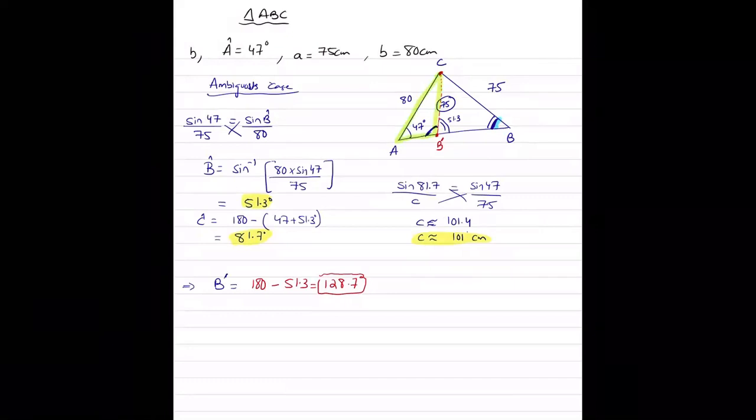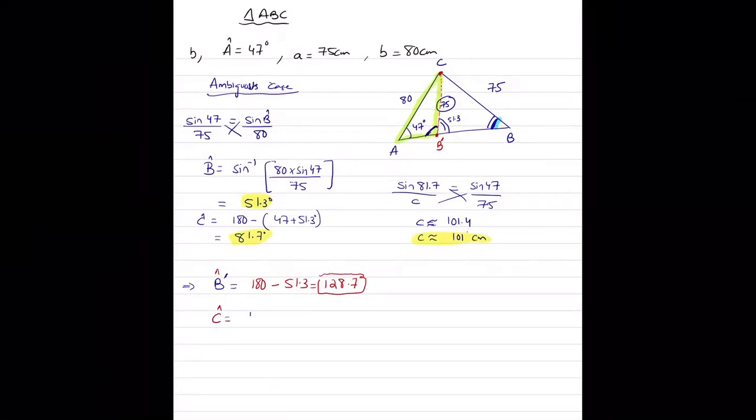You can just shift your focus on this triangle. I want to find the new angle C and the new length of c dash. So the new angle C is going to be, if I know this is 47, if I know this is 128.7, can I find this angle C now? The new value of C? Yes.